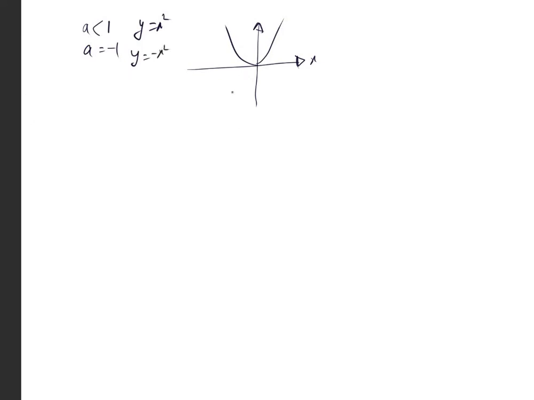So y equals negative x squared will be this graph. It will reflect in the x-axis. Right, so that's the very basic of the parabolas.